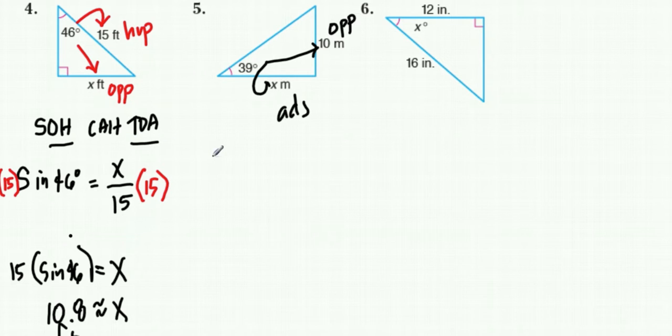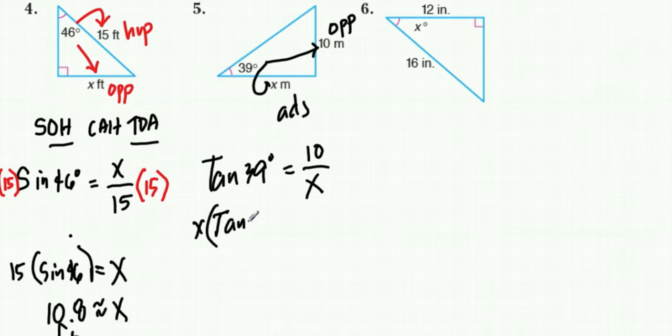So we use the tangent ratio. We get tangent 39 degrees is equal to the opposite side, which is 10, over the adjacent side, which is x. Multiply both sides by x first. So now you have x times tangent 39 degrees equals 10.